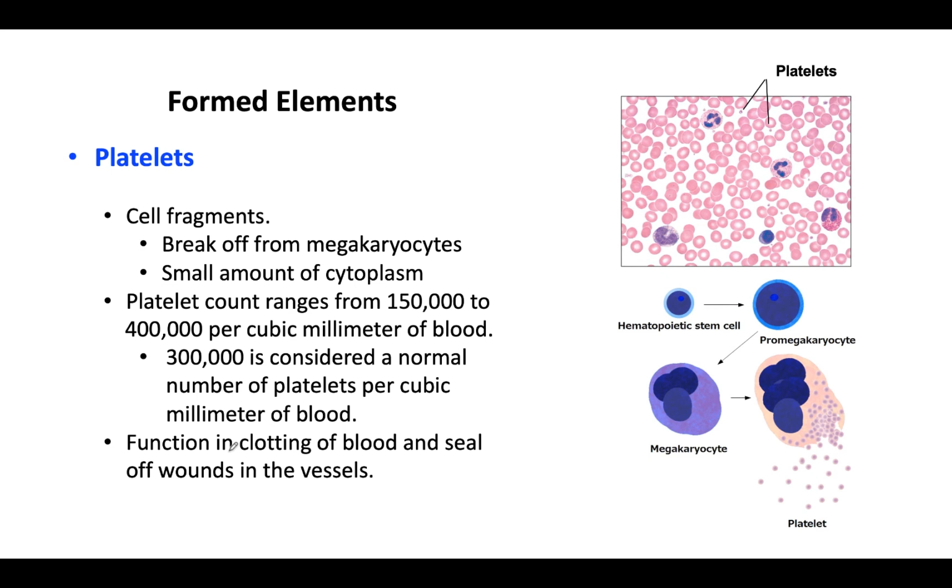The last one in the formed elements is platelet. Platelets are cell fragments generated by breaking off from megakaryocytes. Here's a megakaryocyte cell, and cytoplasmic portions of the megakaryocyte split off, and each split-off piece forms a platelet.